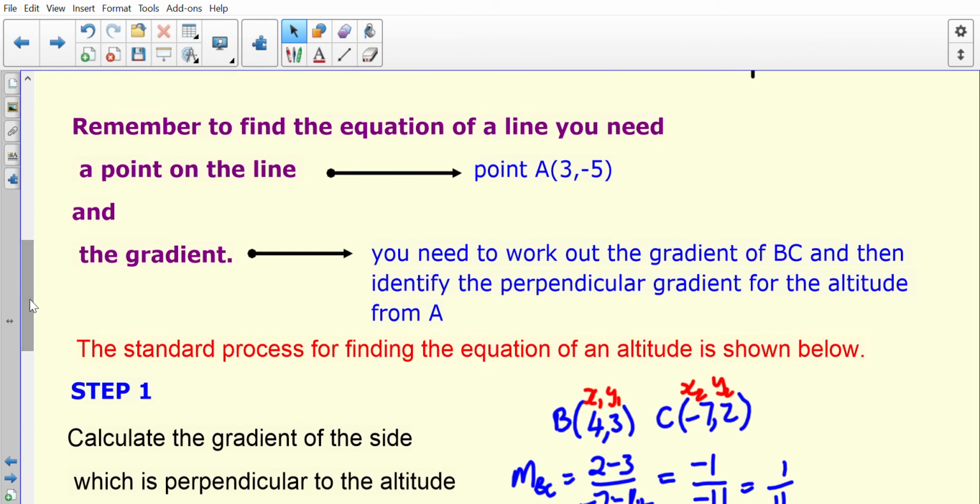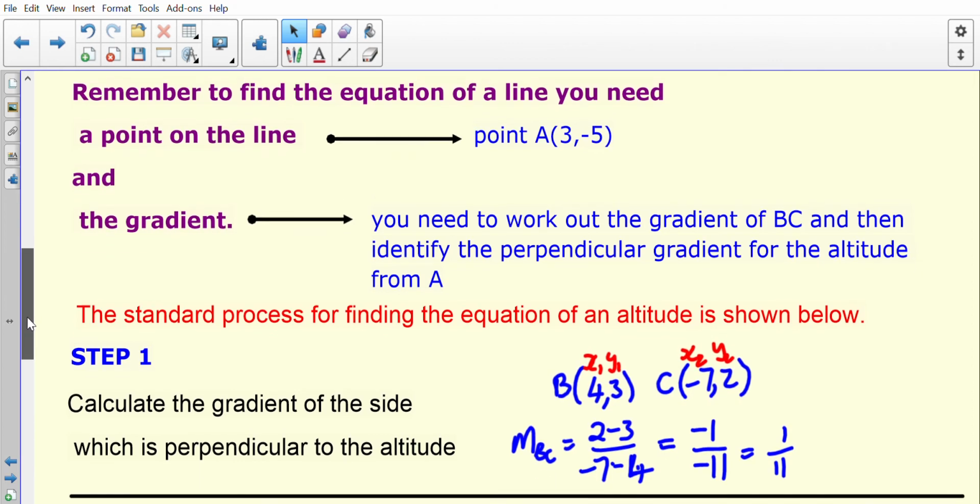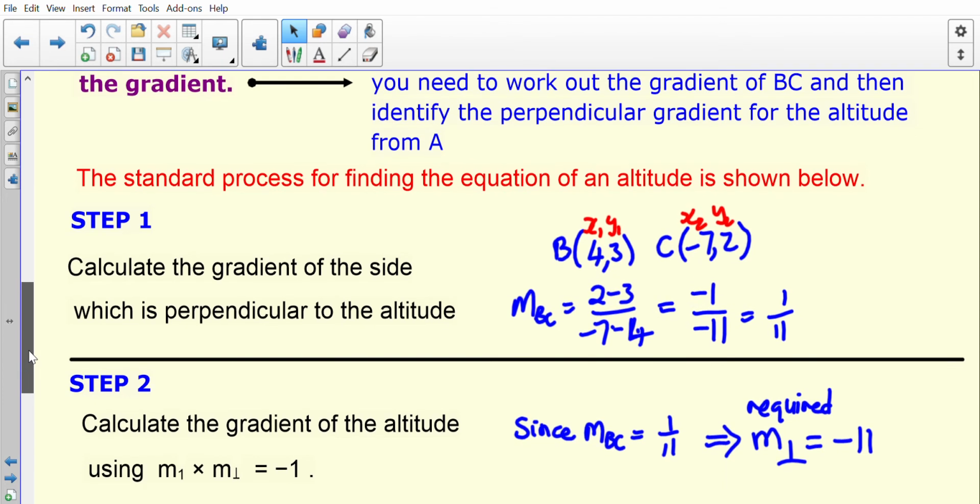So to find the equation, you need a point on the line, so we've already got that, we discussed that. Point A is (3, -5), and then we need the gradient. So we need to work out what the gradient of the perpendicular line is first. Okay, so the line joining B and C together, y2 minus y1 over x2 minus x1.